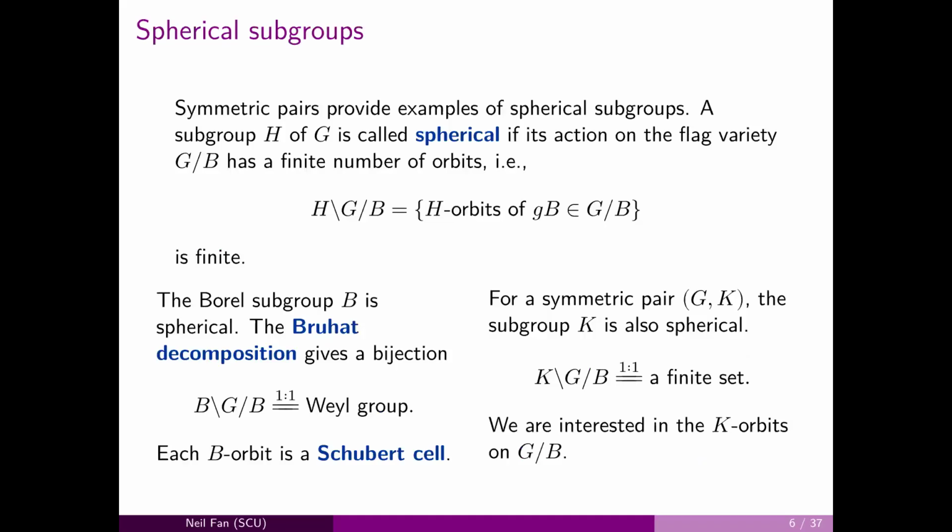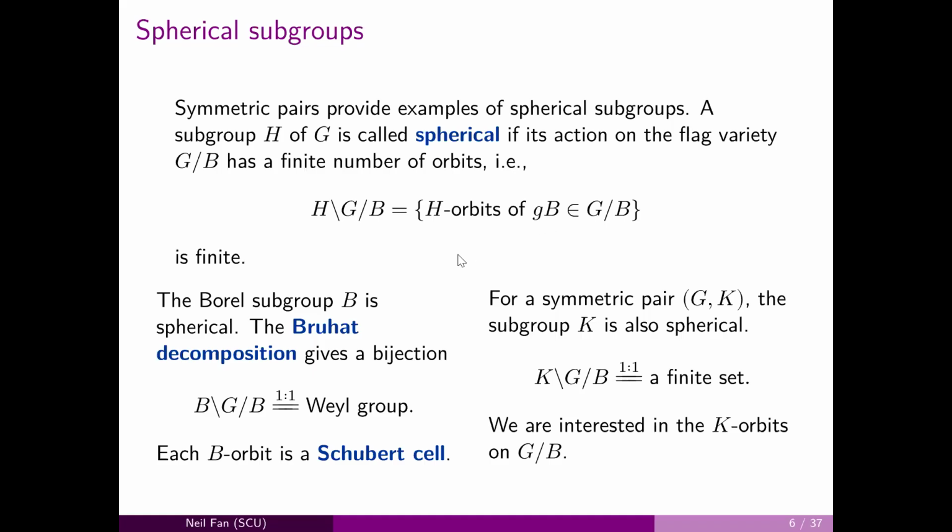Symmetric pairs are an important example of spherical subgroups. A subgroup H of G is called spherical if its action on the flag variety G/B has a finite number of orbits. That is, the H-orbits on G/B are finite.